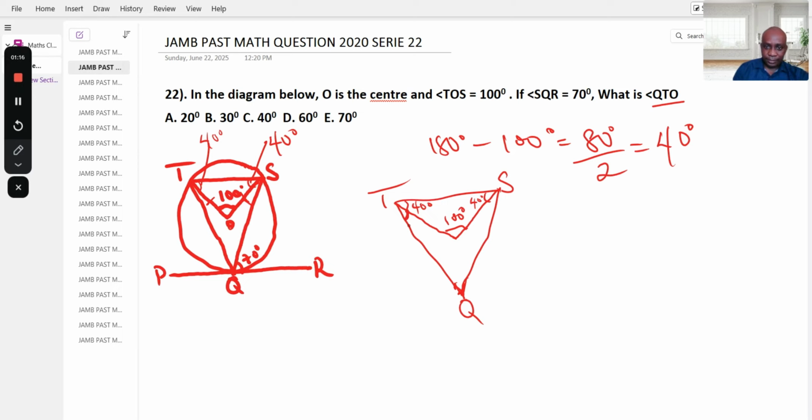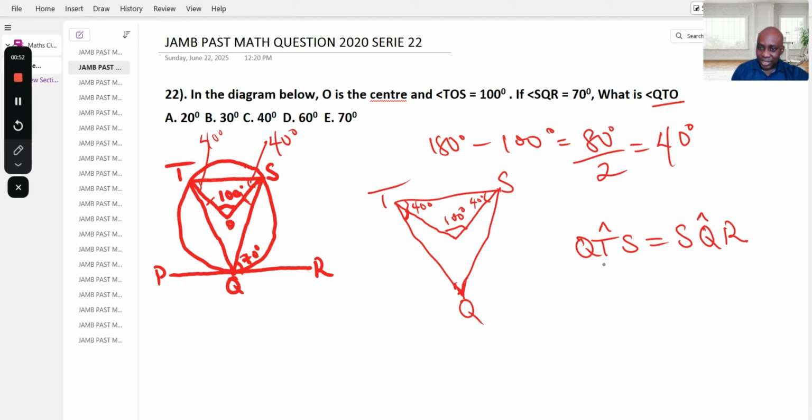Now, if you look at here, the angle QTX equals the same thing as SQR. This angle that we have here is 70 degrees.